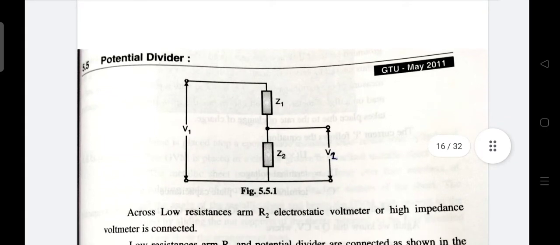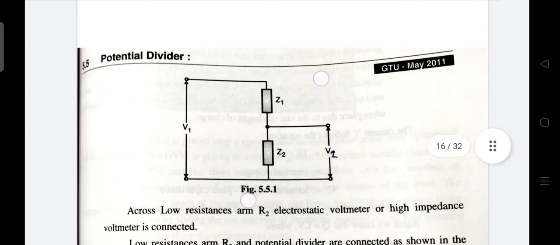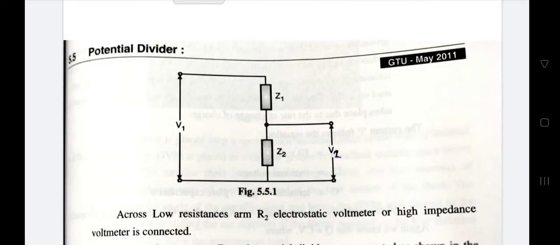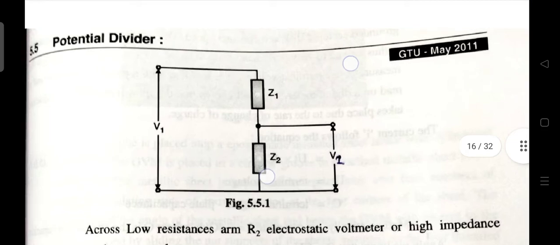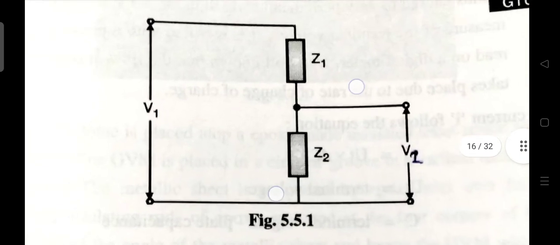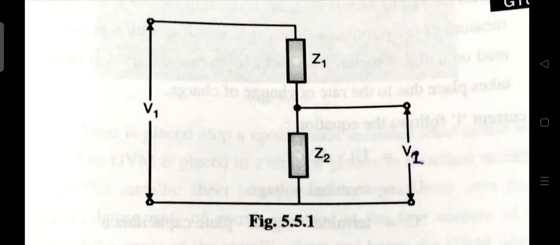Now another method is the potential divider. Here, across the low resistance R2, or we can say Z2, an electrostatic voltmeter or high impedance voltmeter is connected.